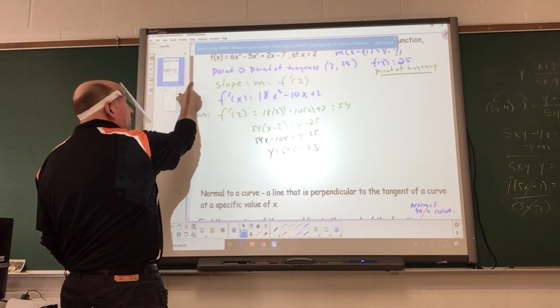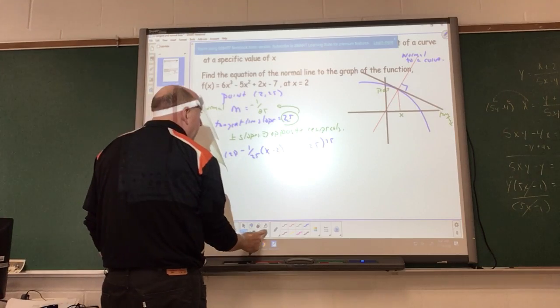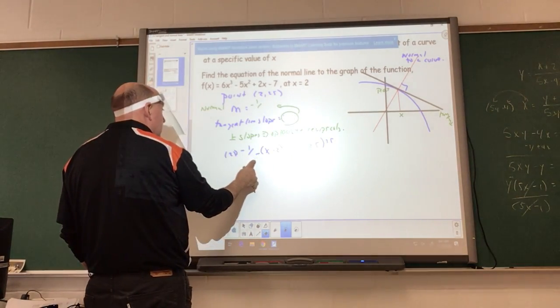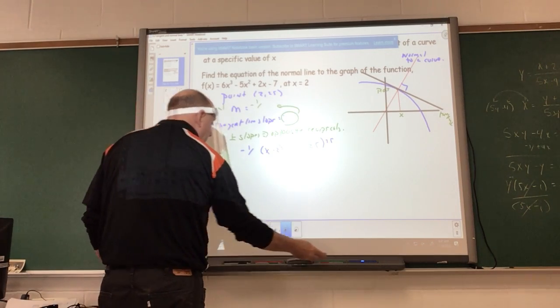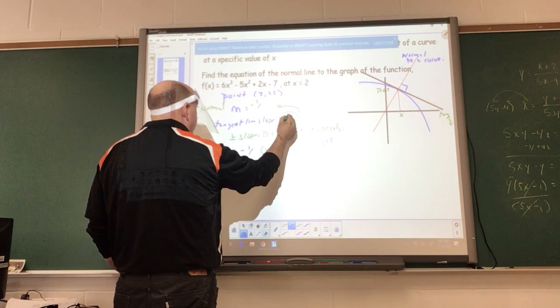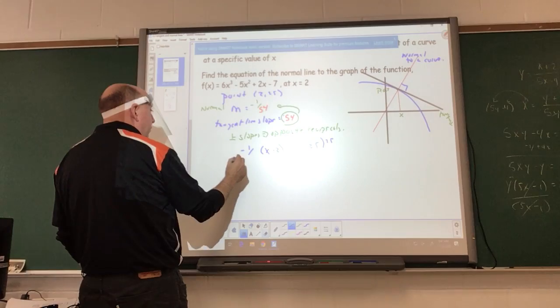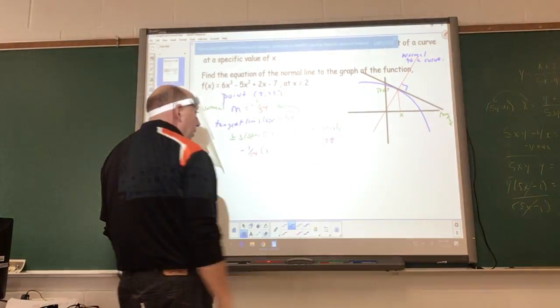Slope was 54. So we have 54 there, negative 1 over 54 there.